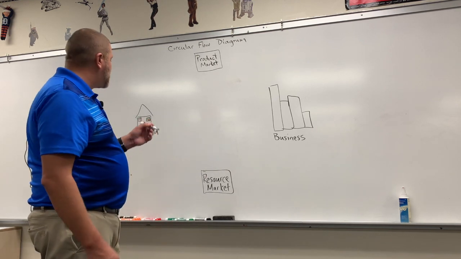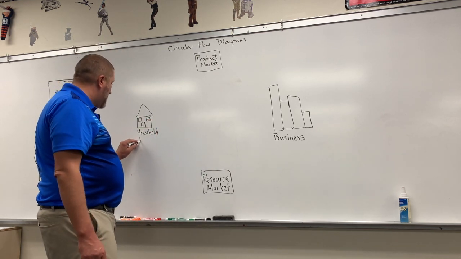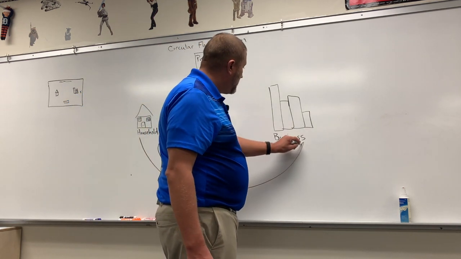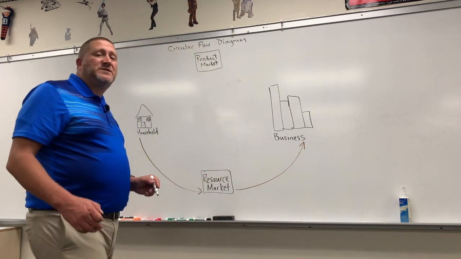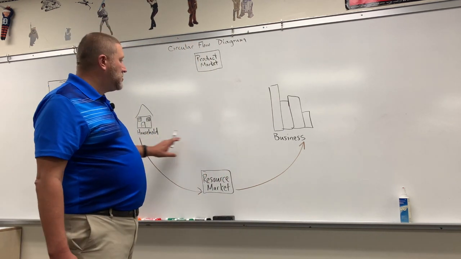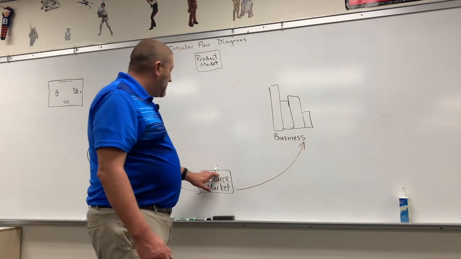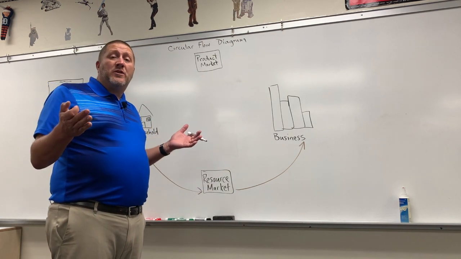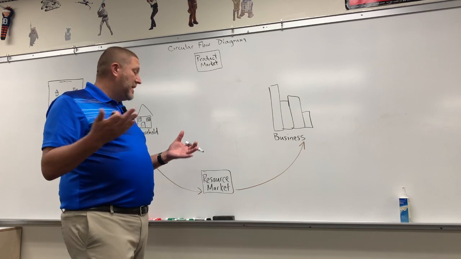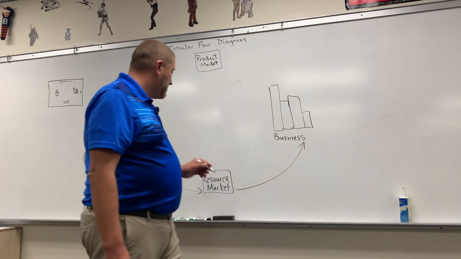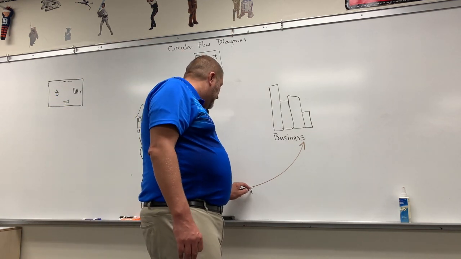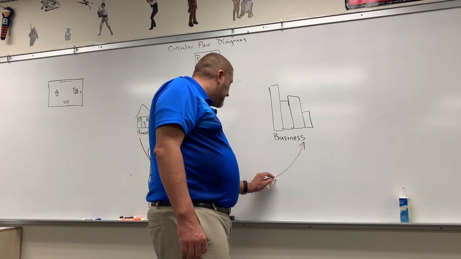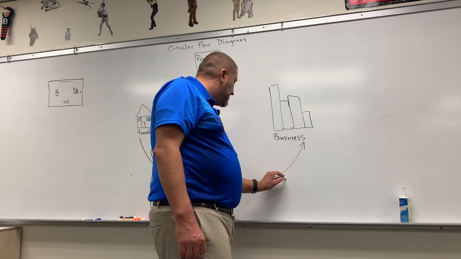So in the resource market, I have an arrow coming from households to the markets. What types of things would households provide businesses in the resource market? They're basically going to be providing labor. They're going to provide what we'll call the factors of production.